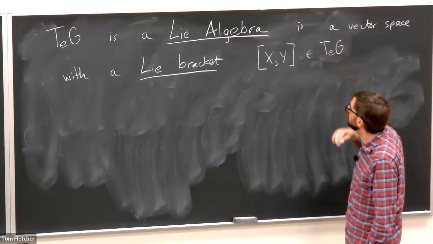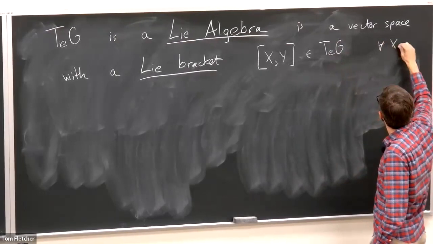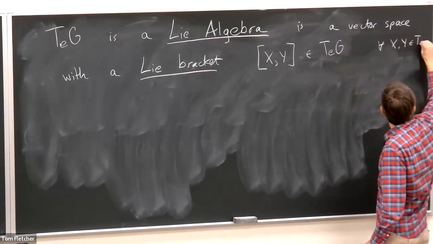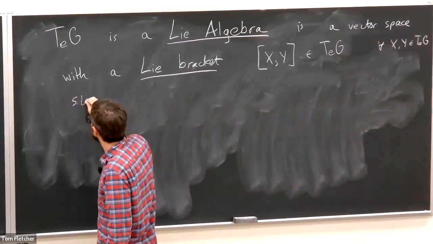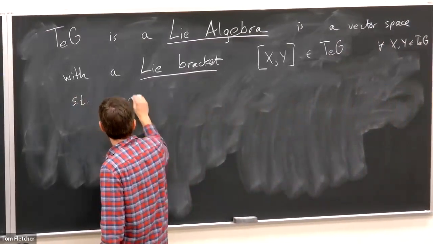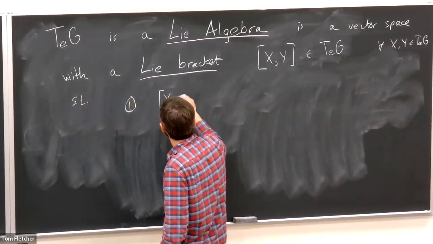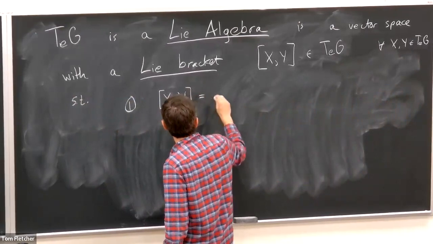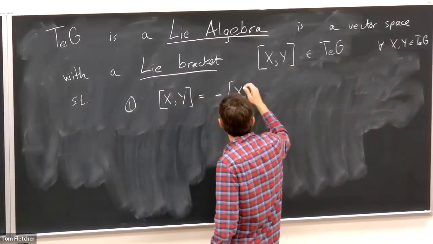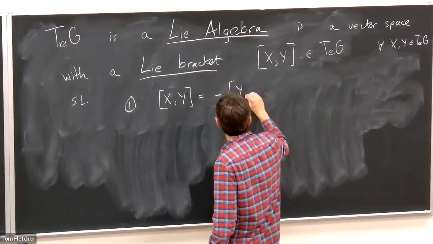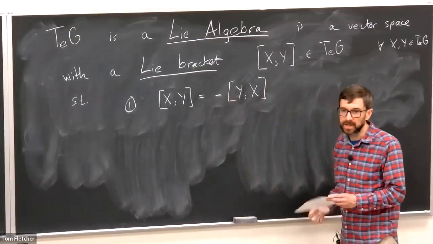And this is defined, like always, for all x, y in T_eG. And it satisfies the following properties. I have to have anti-commutativity. So if you flip the order of x and y, then you negate the answer. So [x,y] equals minus [y,x].